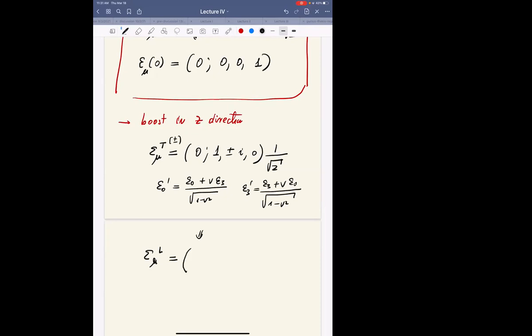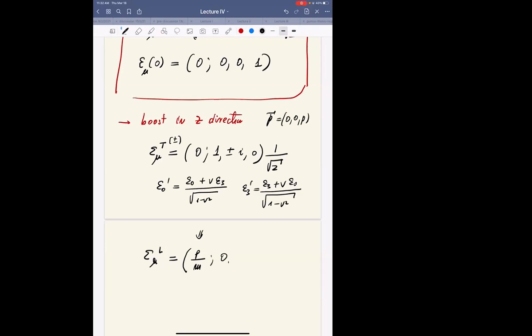It's easy to see that this is P over M, where P is the momentum. In other words, P is 0, 0 in the Z direction. P over M velocity.